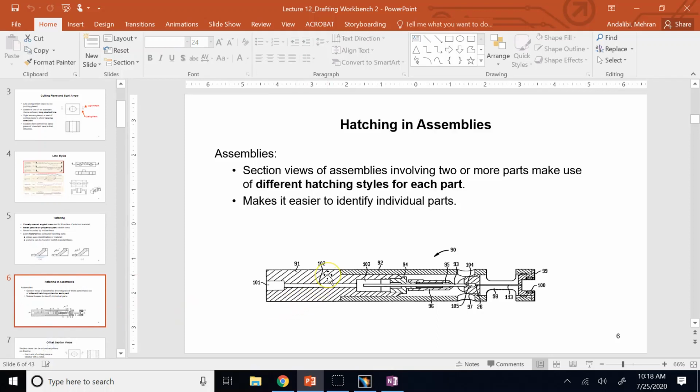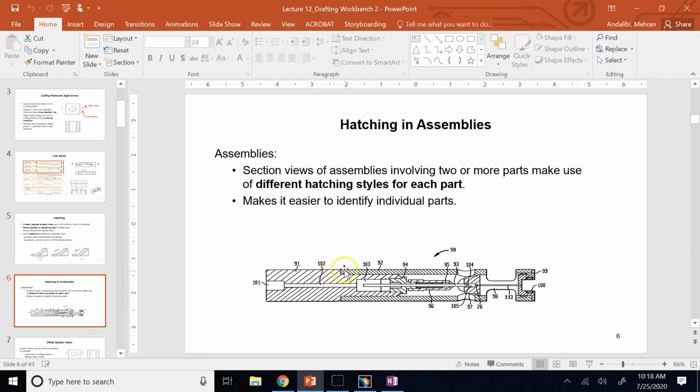If there are assemblies, the two parts that come into contact, like here, part 92 and 91, the direction, the slope of the hatching lines would be different.